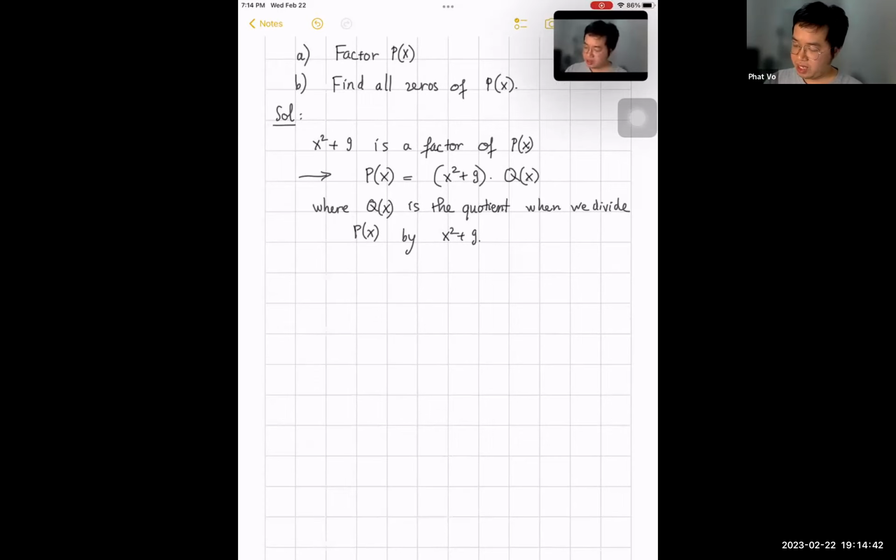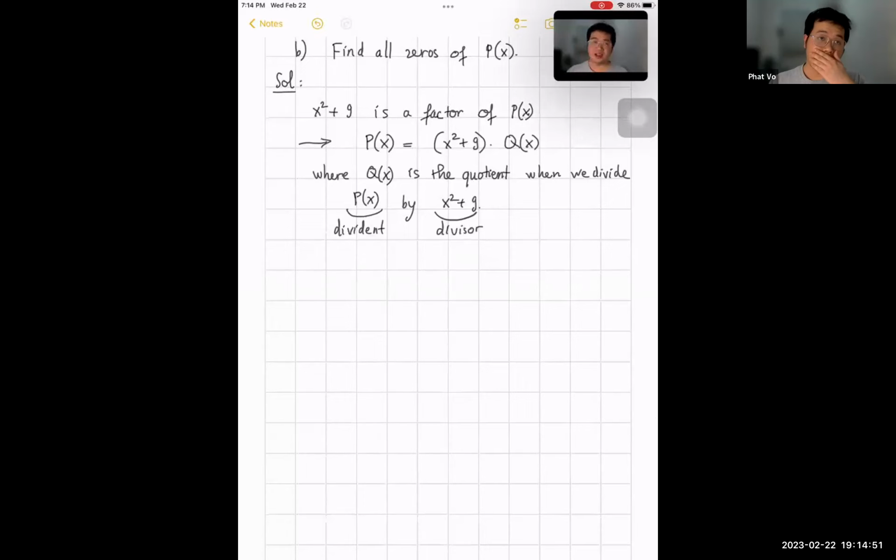Here we have the dividend, and here we have the divisor. When we divide two polynomials, we write the divisor on the left and the dividend on the right. So I put x squared plus 9 here.